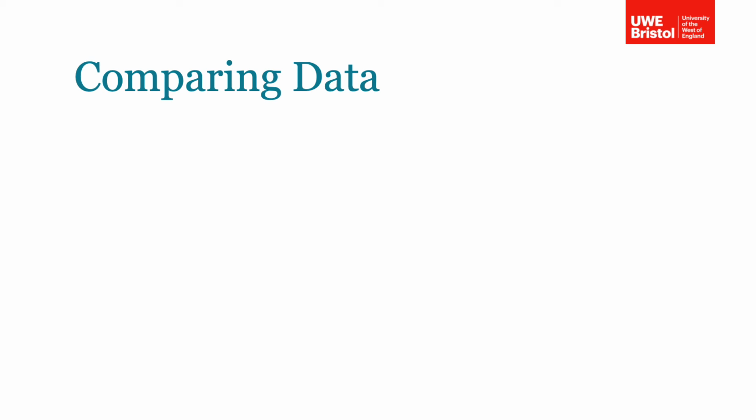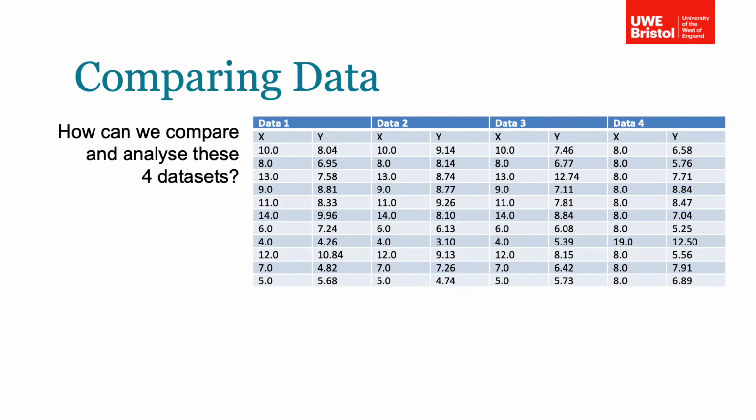Comparing data. Suppose we have 4 data sets that we wish to compare to observe any deviations or anomalies that may occur. How may we approach this task? We may first of all decide to calculate statistics on each dataset to see what variations exist.